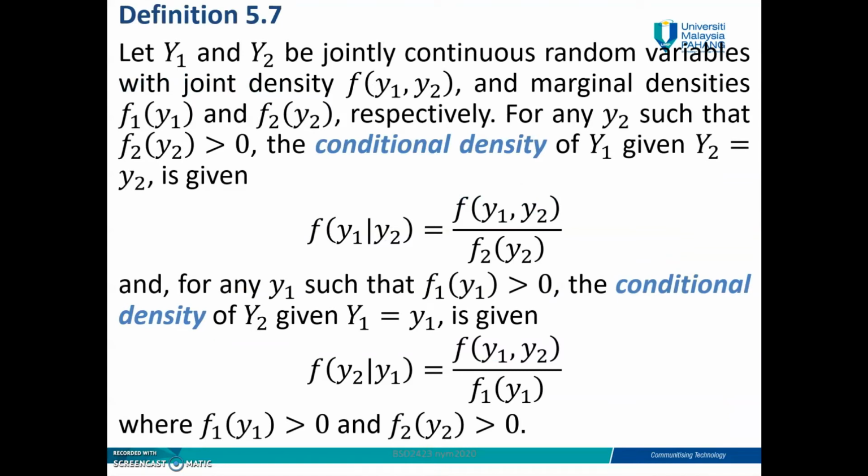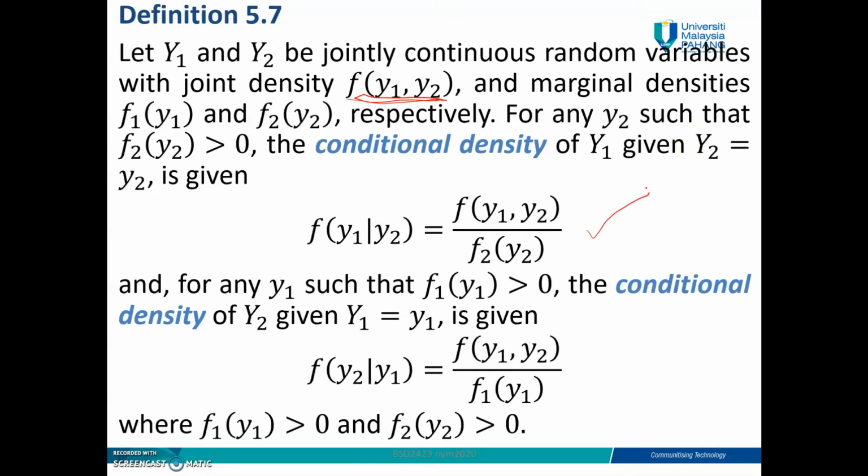Then you have definition 5.7. Let y1 and y2 be jointly continuous random variables with joint density function and marginal densities f1(y1) and f2(y2) respectively. For any y2 such that f2(y2) is greater than 0, the conditional density of y1 given y2 equal to y2 is given by this one.